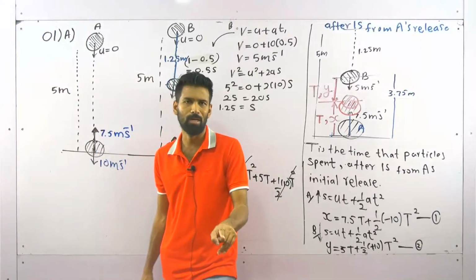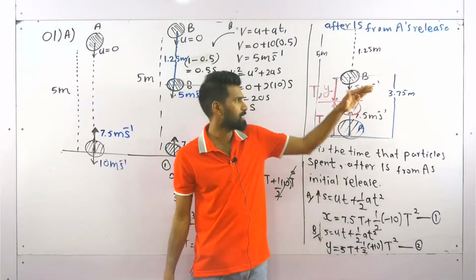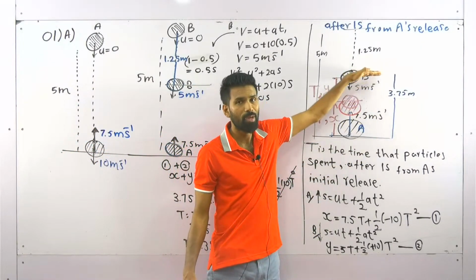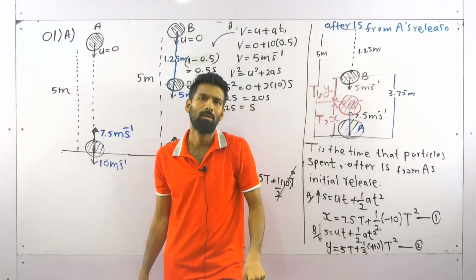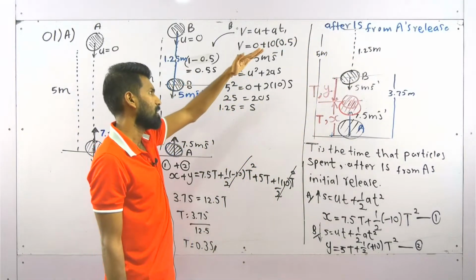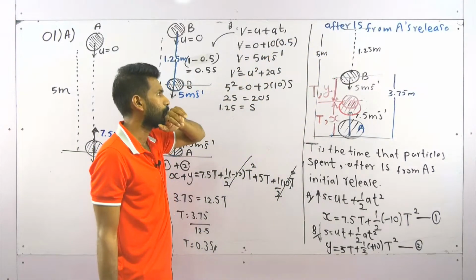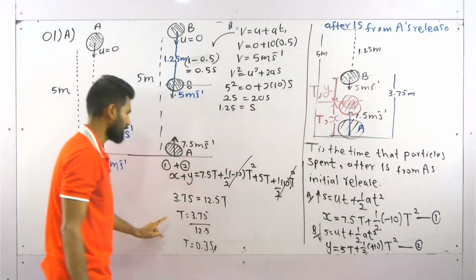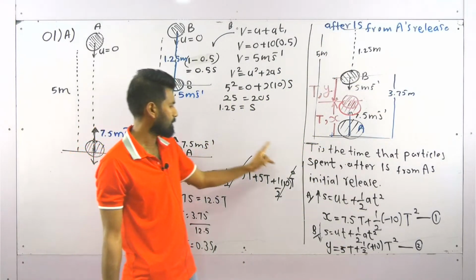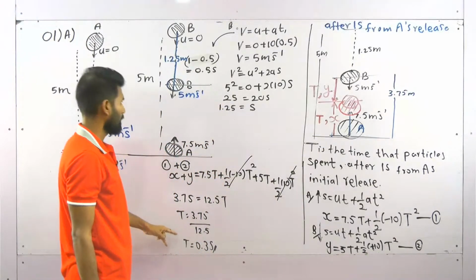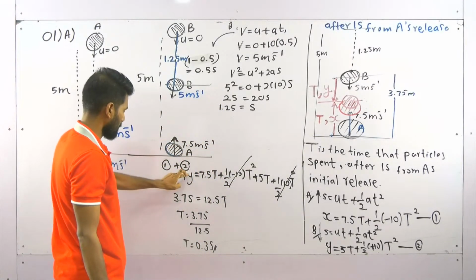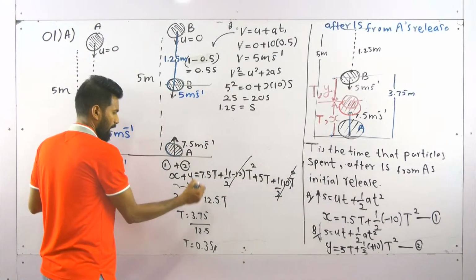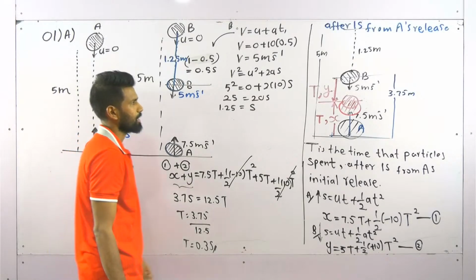What is x plus y? It is the distance gap between the ground and point B after its 0.5 second initial journey. So x plus y is equal to 3.75. I got the answer. Here x plus y is 3.75 and I calculated t as 0.3 seconds.